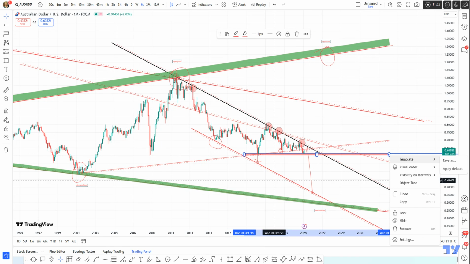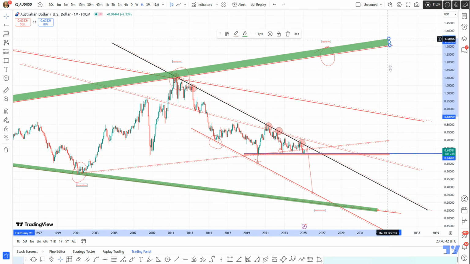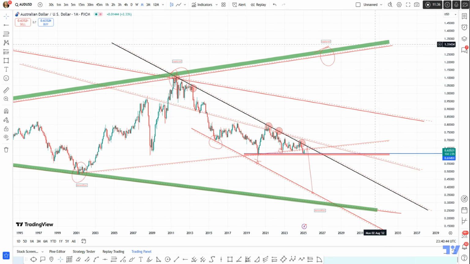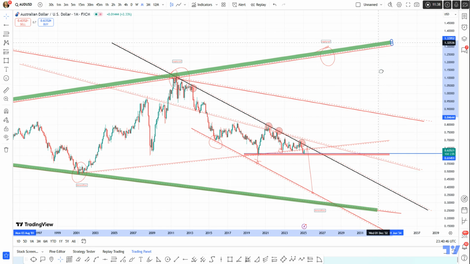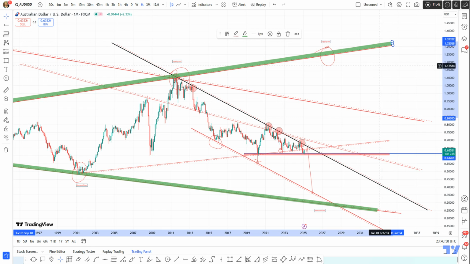So for it to come out of that, we need a strong data print. By 4 a.m., there will be strong fundamental data coming in from the Reserve Bank of Australia under Michelle. So we will be watching to see what she does, and she's the head of RBA. So let's see what happens.